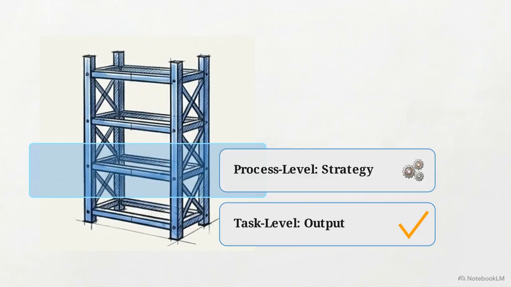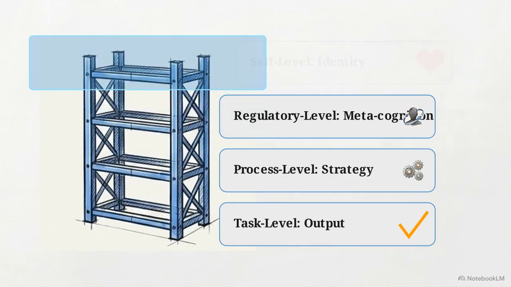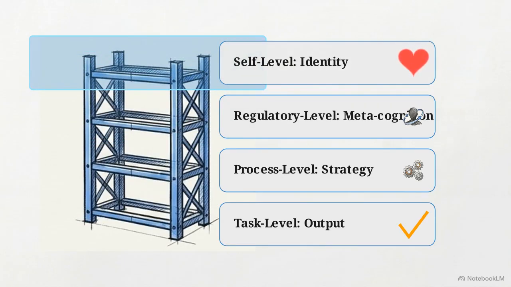Regulatory-level feedback addresses the metacognitive layer, focusing on how a learner monitors and adjusts their own learning habits. This tier allows the learner to transition from relying on an instructor's external corrections toward practicing autonomous self-regulation. At the top is self-level feedback, which is directed at the learner's identity and motivation.